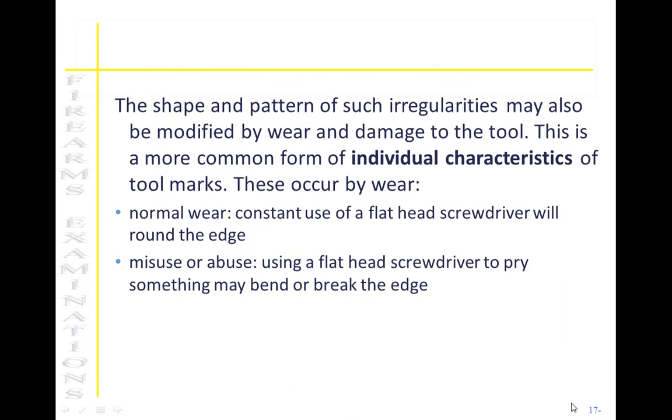The shape and pattern of these irregularities may also be modified by wear and damage to the tool itself. And this is the more common form of your individual characteristics for tool marks.